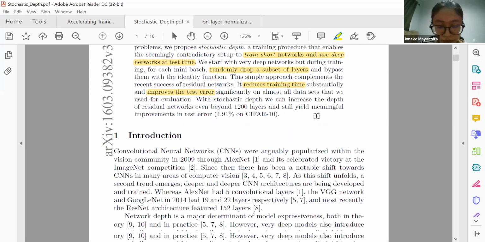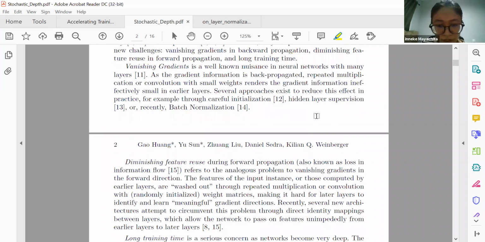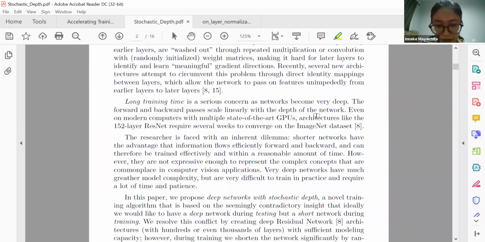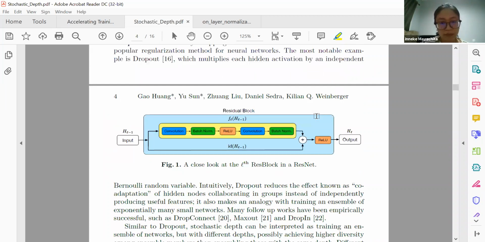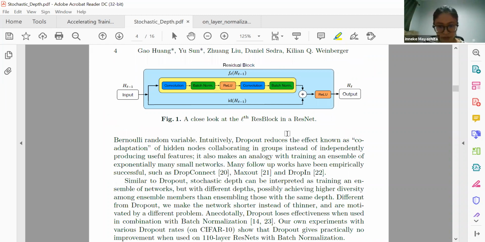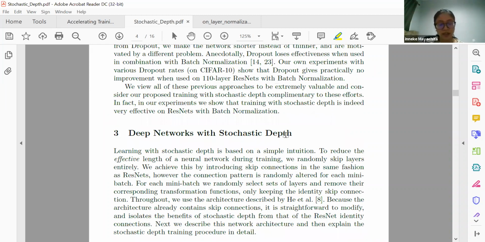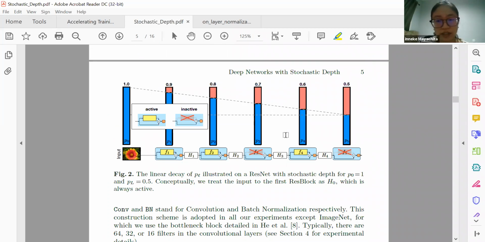There is an illustration in this paper, and I think that one really explains what is actually happening. Originally this was done in the ResNet block, in a ResNet architecture. So during the training, we will drop these ResNet blocks. This illustration really explains what stochastic depth does. In this algorithm, we want to drop the ResNet blocks along the depth dimension of our model.